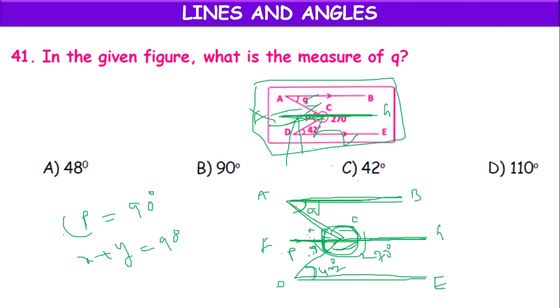P part is divided into two parts, X and Y, where X equals Q by the alternate angles concept, and Y equals 42, also by the alternate angles concept. Q plus 42 equals 90. So Q equals 90 minus 42, which is equal to 48 degrees. So option A is right.